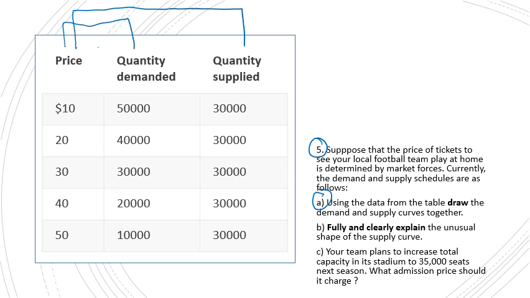So we put together a market diagram, right? Step 1, we label all of the variables. So what should we call this? This is the football ticket market, right?